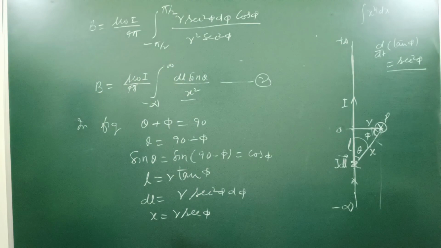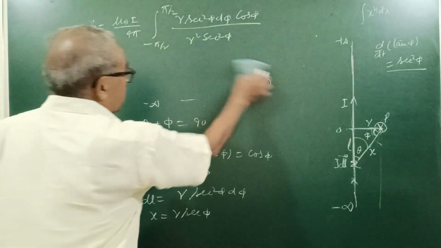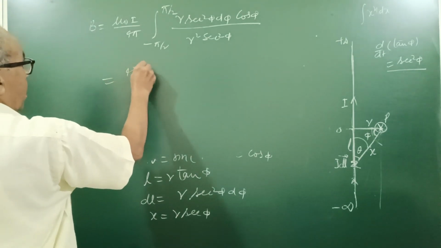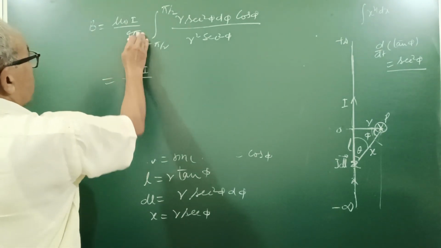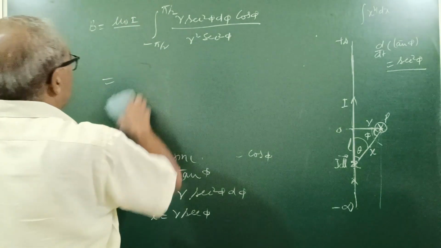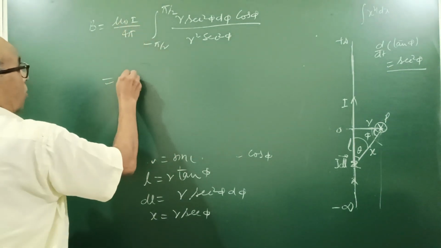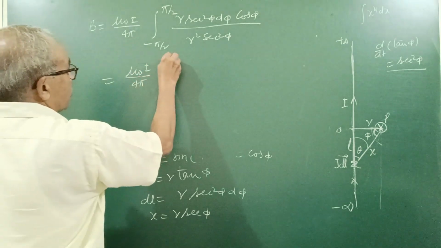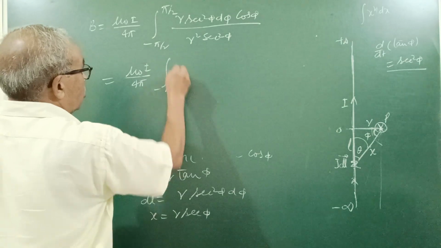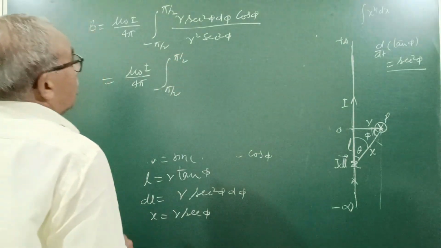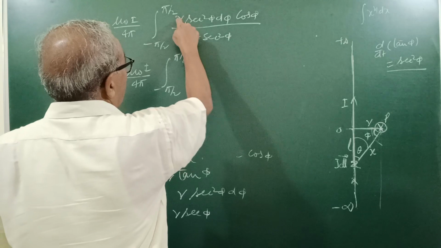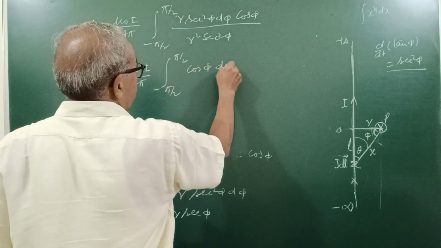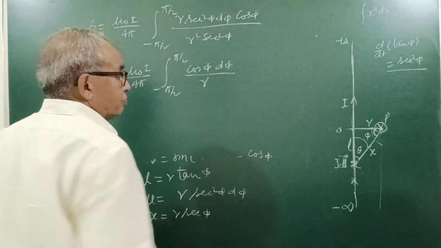Now the problem has been reduced very simple now. mu 0 I upon 4 pi, integration from minus pi by 2 to pi by 2, sec square phi cancels, r cancels, so we are left here with cos phi d phi upon r.